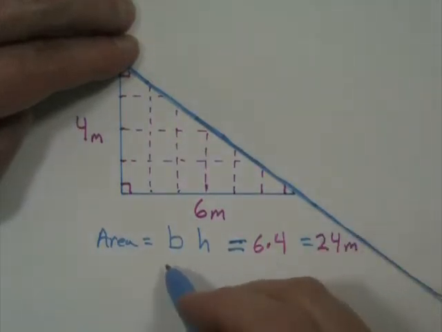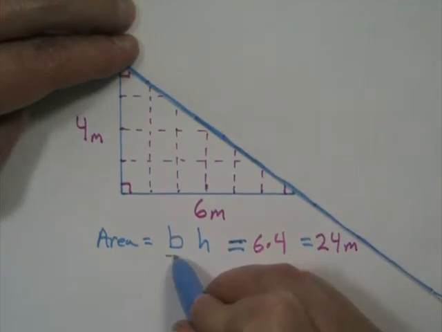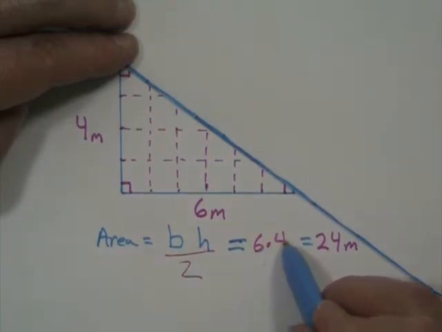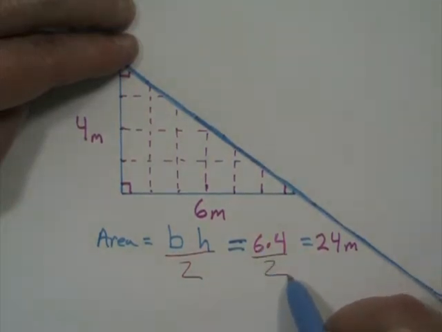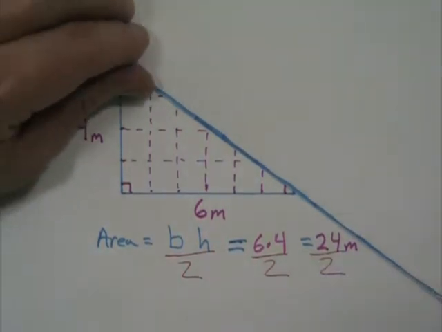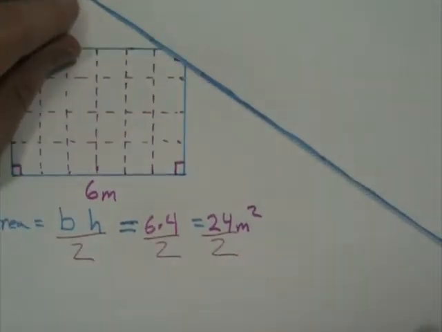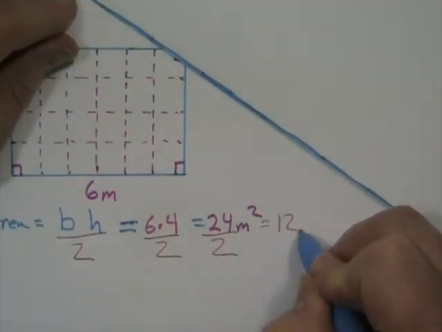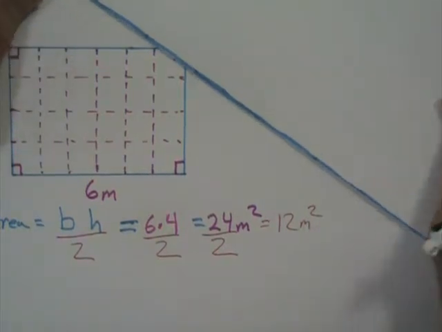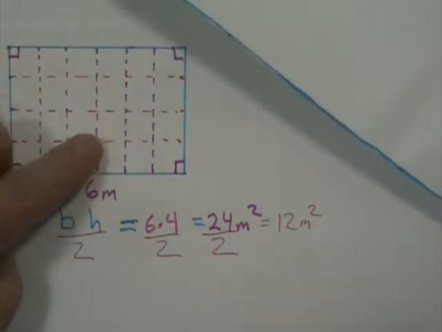And to find its area, I would just take this divided by 2. So base times height divided by 2, that means 6 times 4 divided by 2. That would mean 24 divided by 2, and 24 divided by 2 is 12. So our answer would be 12 meters squared, because that's half of this.